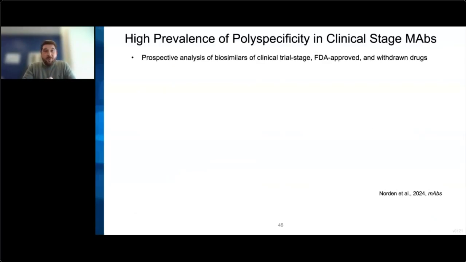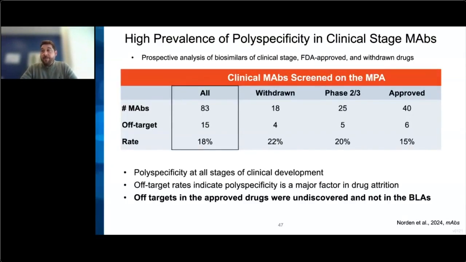So the results were surprising even to us. We noticed a high prevalence of polyspecificity, even in clinical stage MABs. Overall, of the 83 molecules tested, 15 or 18% still showed polyspecificity or off-target binding in our assay. Even more importantly, these off-target rates do indicate that polyspecificity is a major factor in drug attrition.